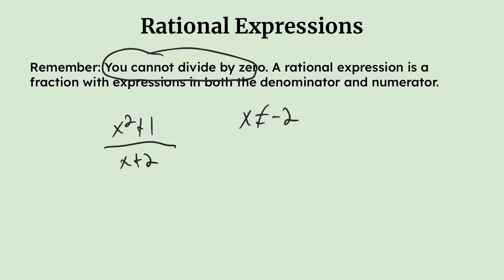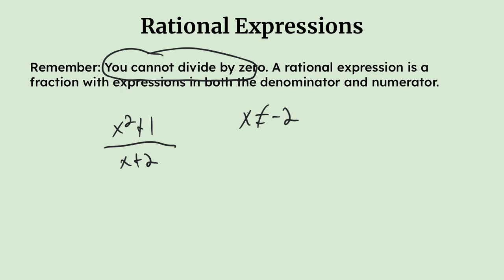If we plug negative 2 into this rational expression, we'd have negative 2 squared plus 1 over negative 2 plus 2. Simplify the bottom, and we get 4 plus 1 over 0. And right there, we see we were dividing by 0, which we can't do, so x is not allowed to be negative 2.